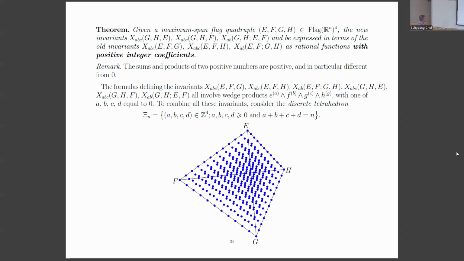Okay, so now I go back to what I said, that if I look at how these invariants are defined, they all involve wedge products like this, and you remember that these are elements in the exterior powers of E, F, G, and H. For the old invariants, we have C or D equal to 0, because each of these wedge products is missing either G or H. And for the new invariants, they are missing either E or F, so that means that either A or B is equal to 0.